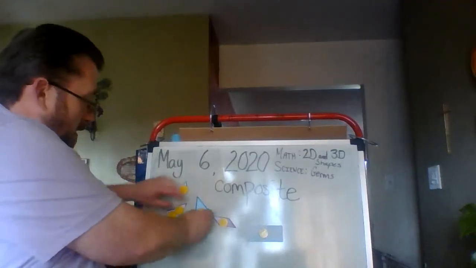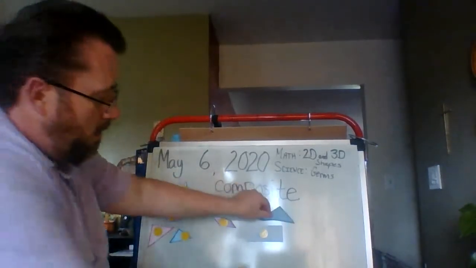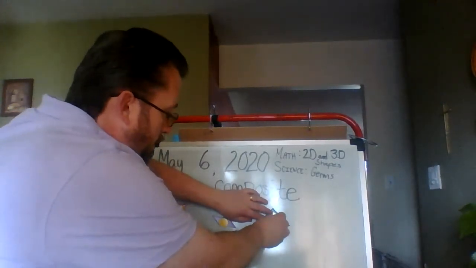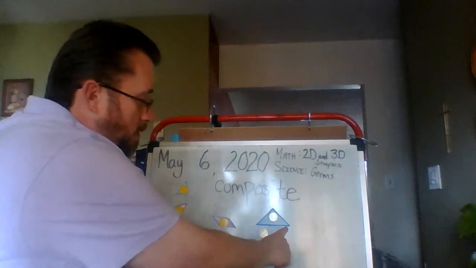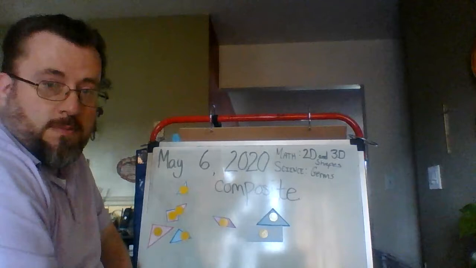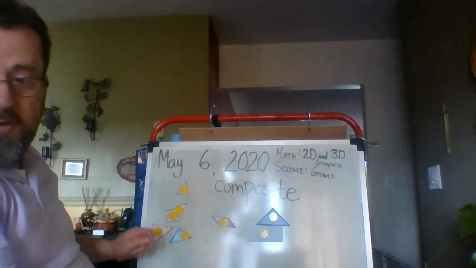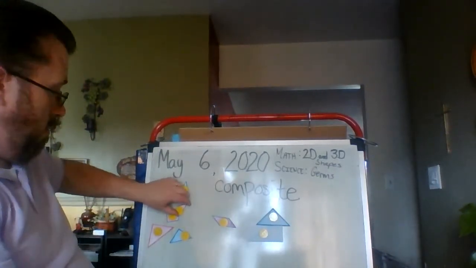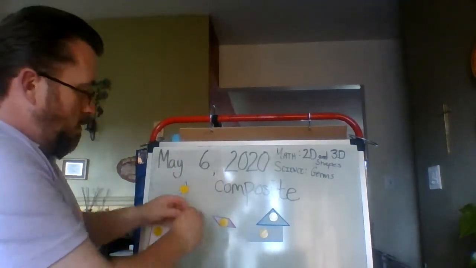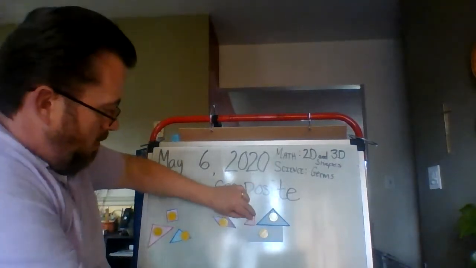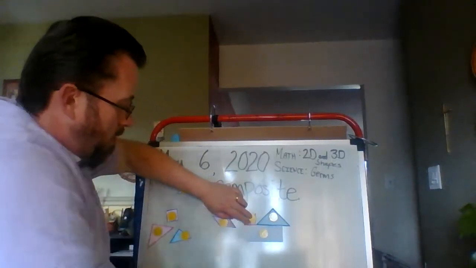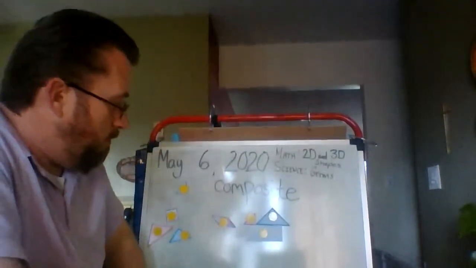Then I'm going to take the large triangle and set it a little off center here. So a little bit of the first corner sticks over the edge of the rectangle. Now I'm going to take one of the small triangles and set it right next to the corner of the large triangle on top of the rectangle.